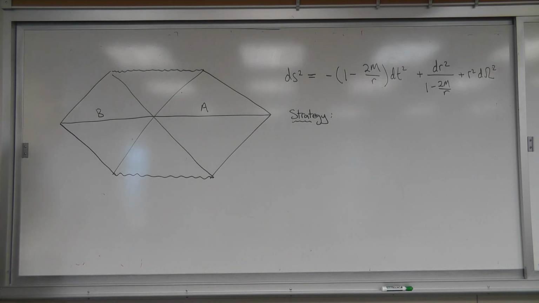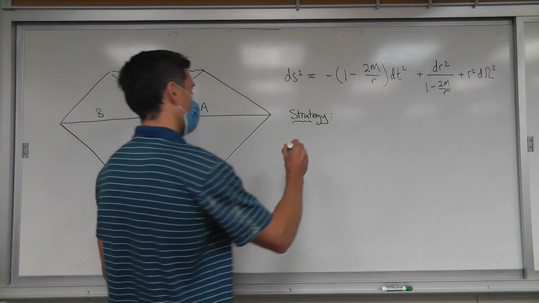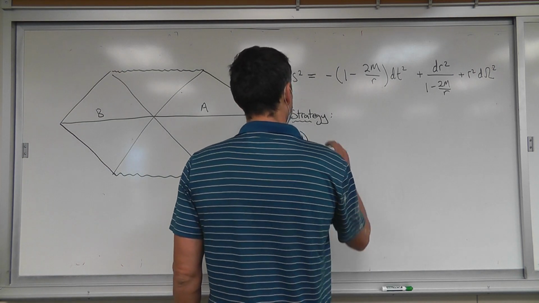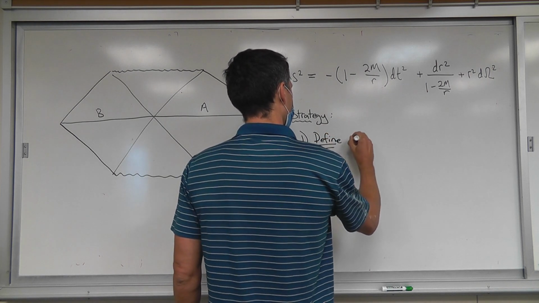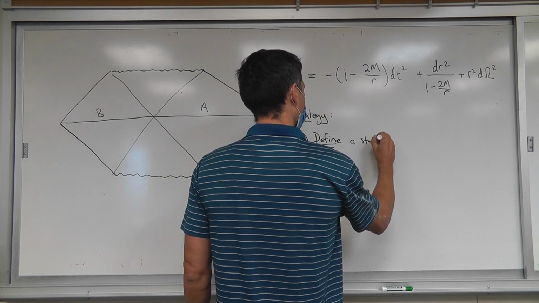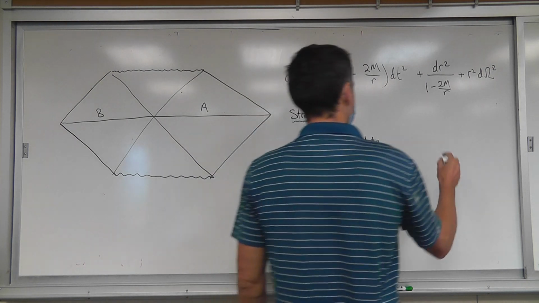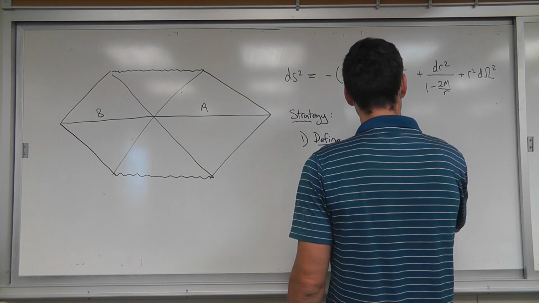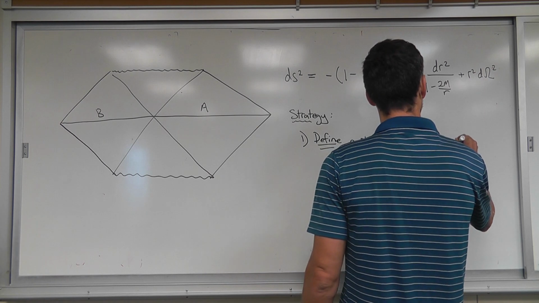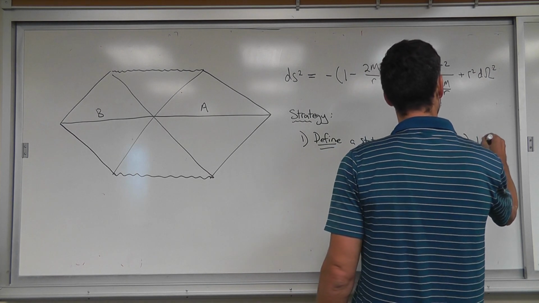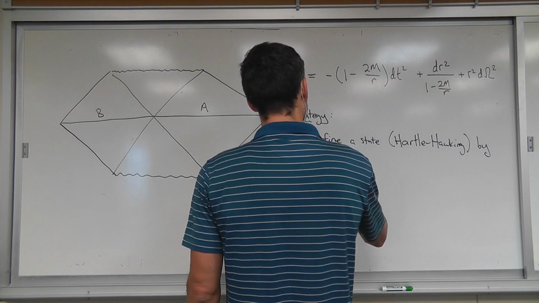And our strategy is going to be as follows. First, we're going to define a state called the Hartle-Hawking state, by a Euclidean path integral.